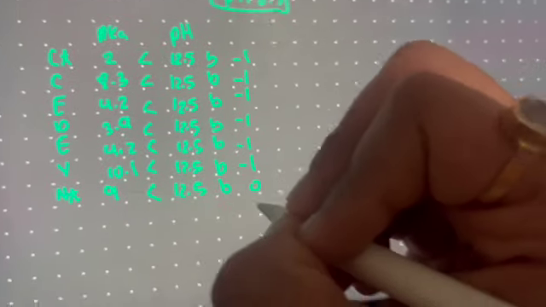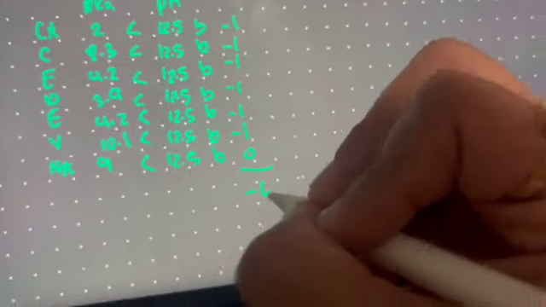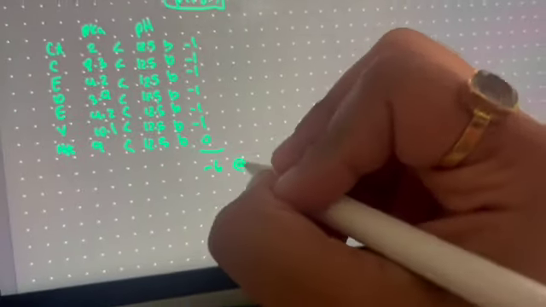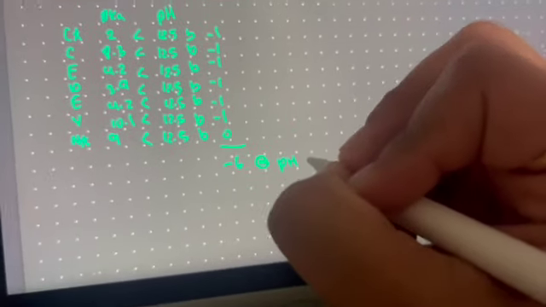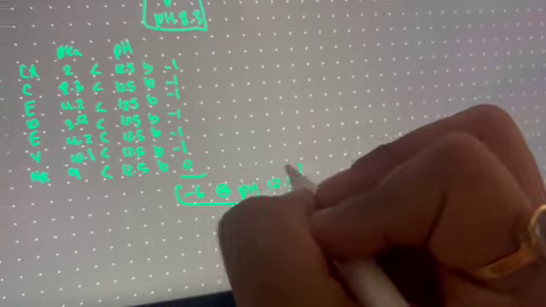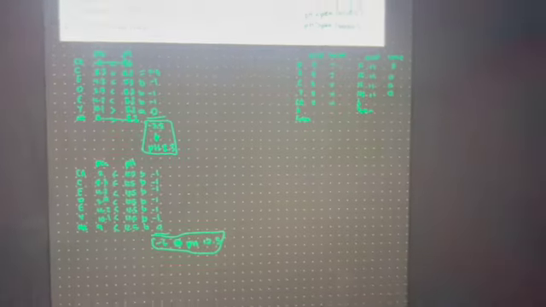Okay, so when we sum all those together, we get -6 as the net average charge at pH of 12.5. And yeah, that's how we solve this problem.